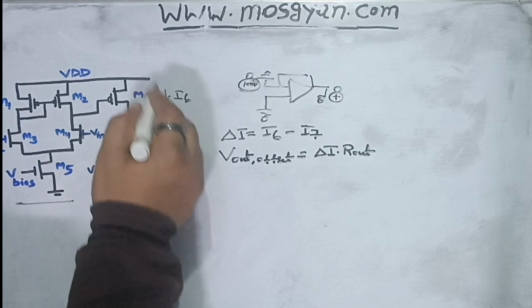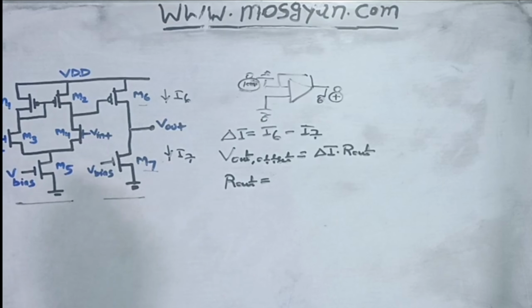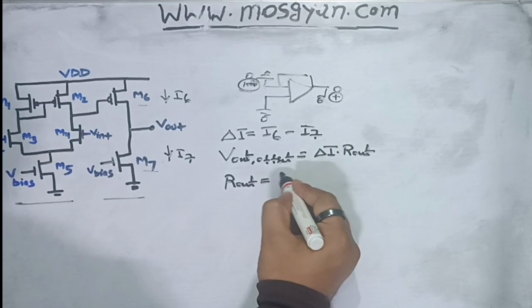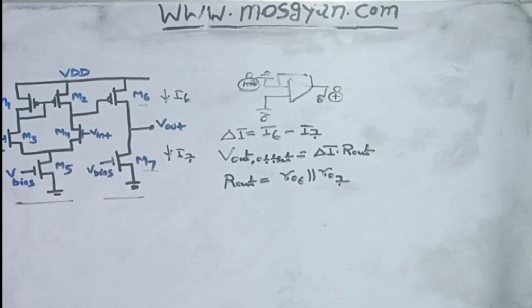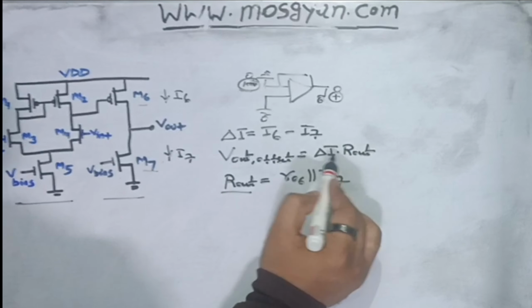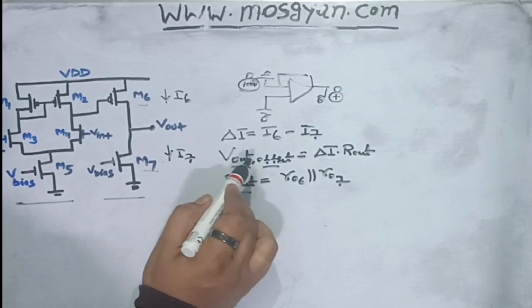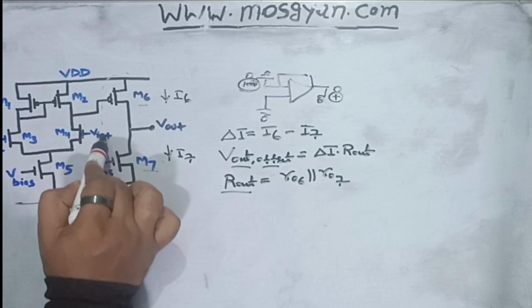If you know the single stage amplifier concept, we can simply write R out for this second stage amplifier as r06 parallel r07. This would be the value of R out. If we replace this value here, we can find the output offset for this second stage amplifier.